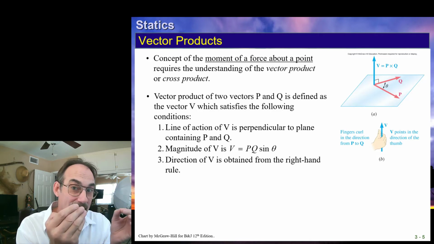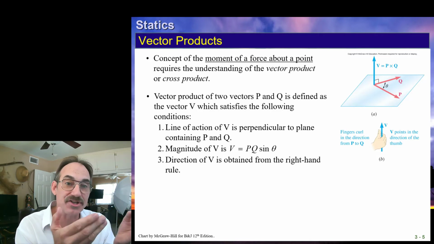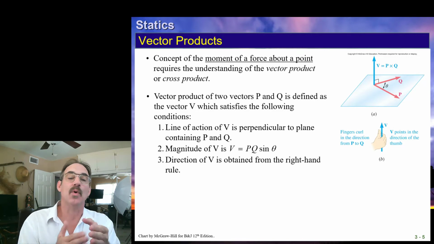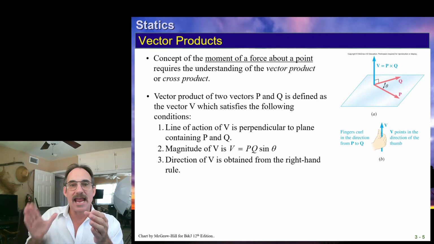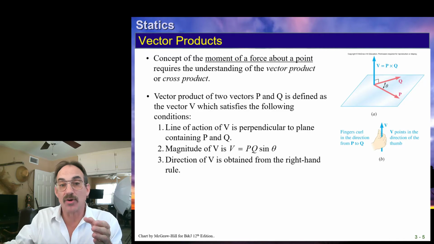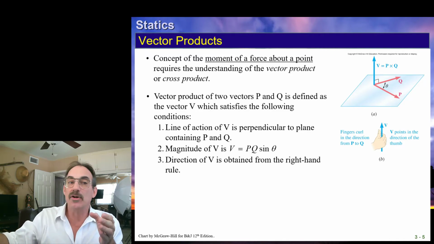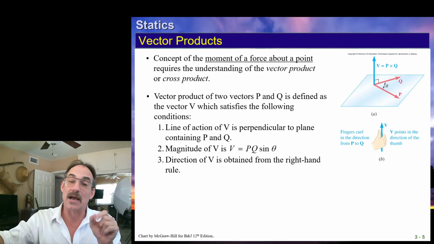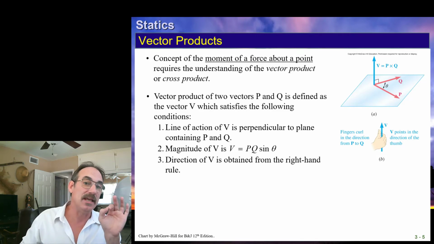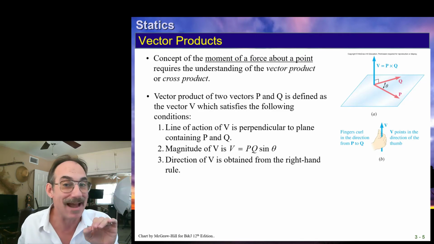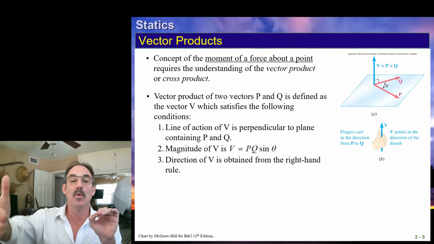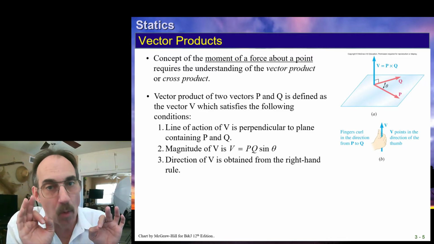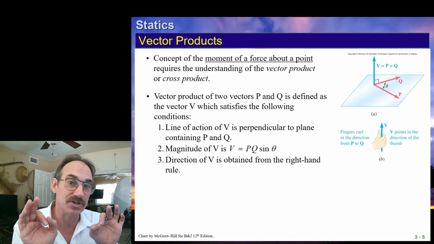That only tells us about the magnitude. If we want to know the direction, we're going to use the right-hand rule, take our bladed hand, poke it in the first vector direction, P, wrap our fingers toward the second direction, Q, and our thumb is pointing in the normal direction. That's the direction of the resultant, and that's how we know what direction it goes. So PQ sine theta gives us the magnitude. Right-hand rule gives us the orientation or the direction of the resultant.